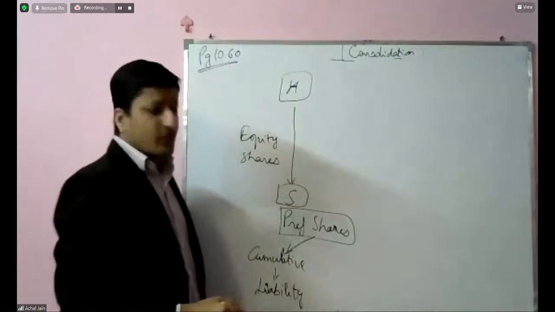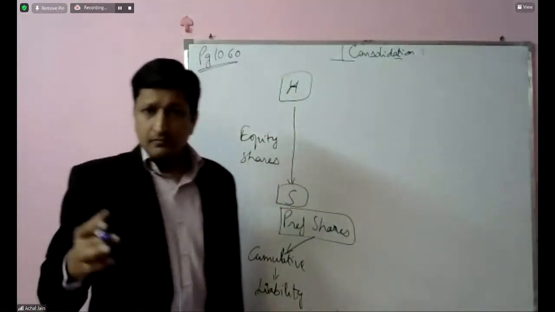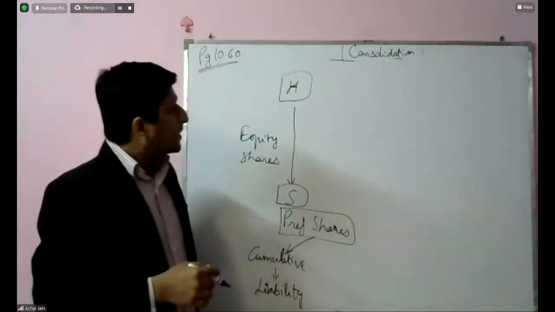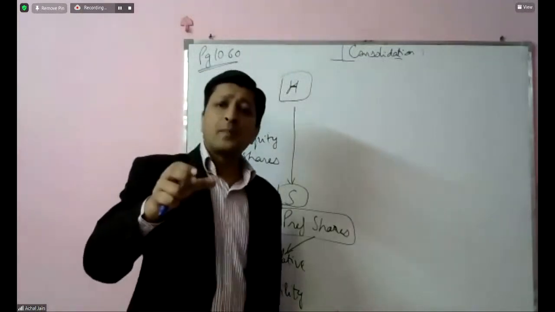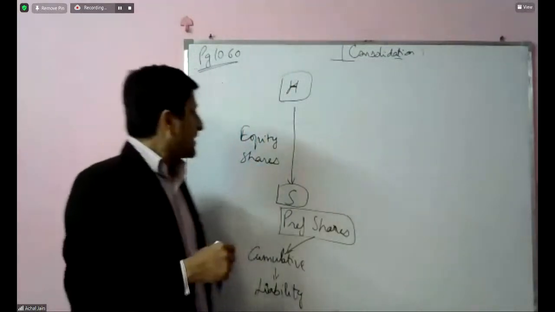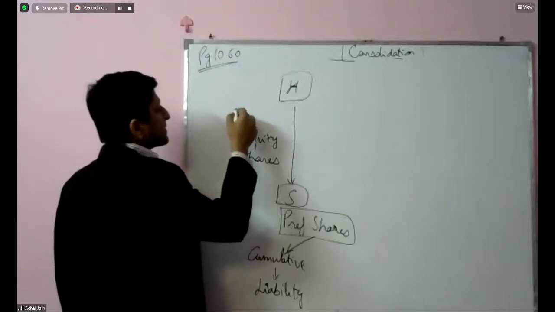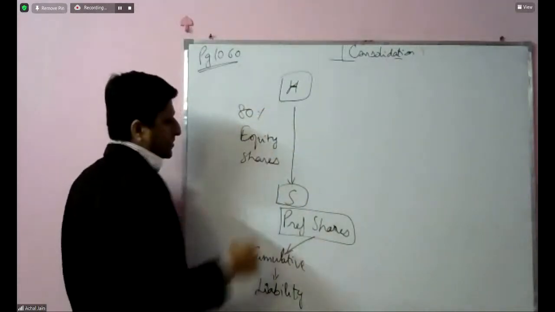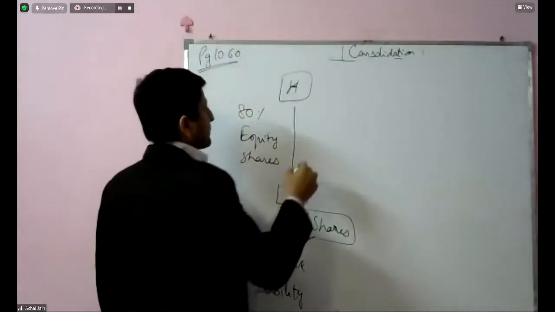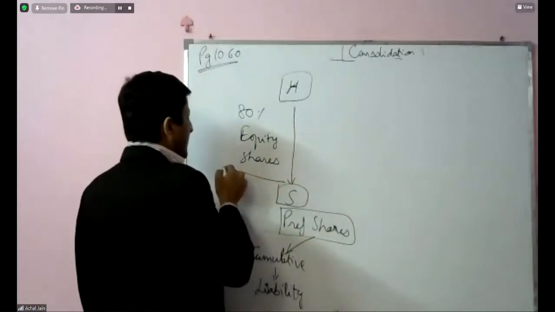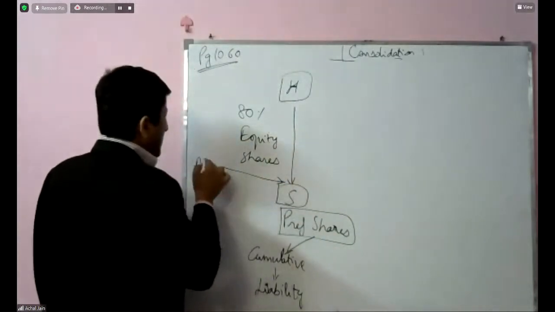At the time of consolidation, as we have discussed, that holding company will pick up its share of profits. Let's suppose holding company has 80% shares in S and 20% are held by minority.